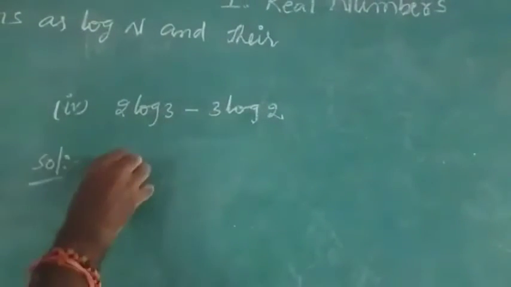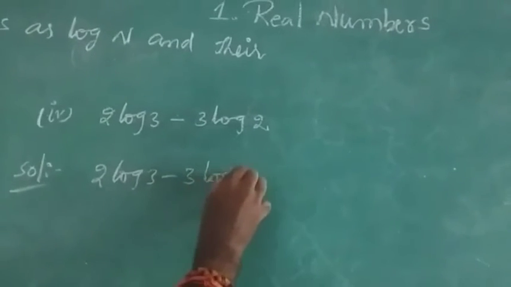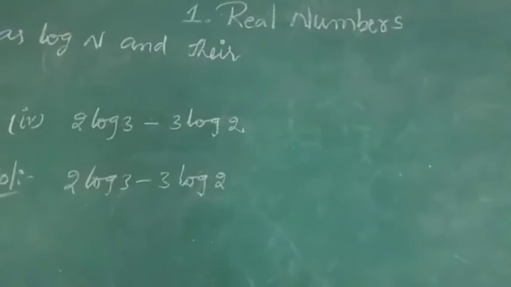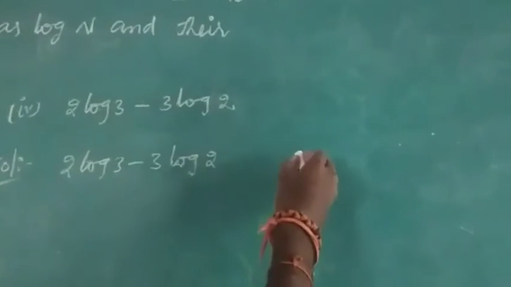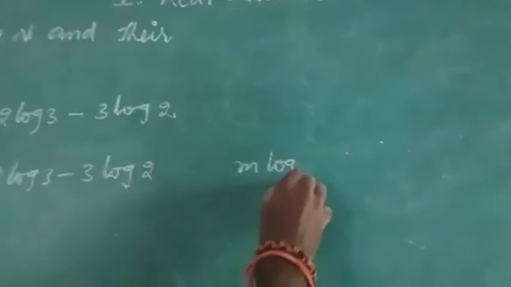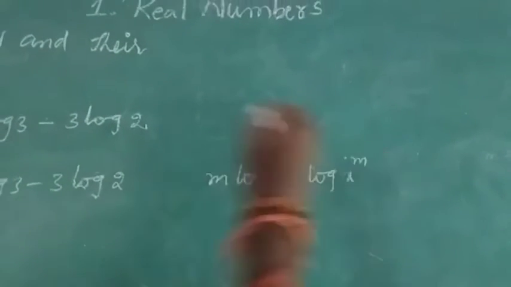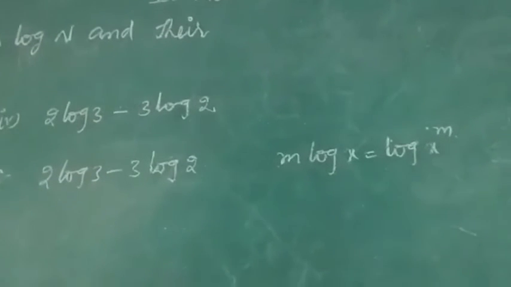First you have to apply the power rule. What is the power rule? We know that one. m log x means log x to the power of m. This is there in the power rule.